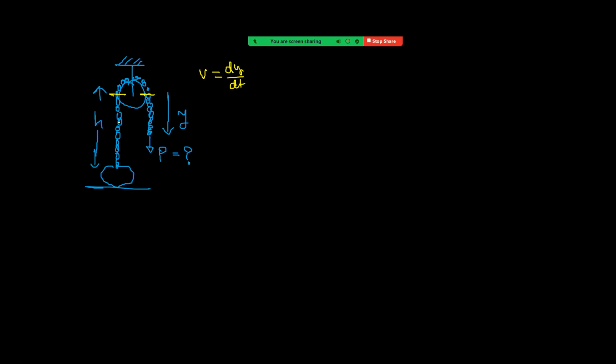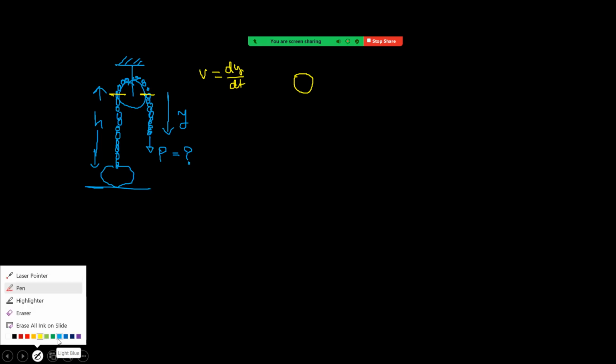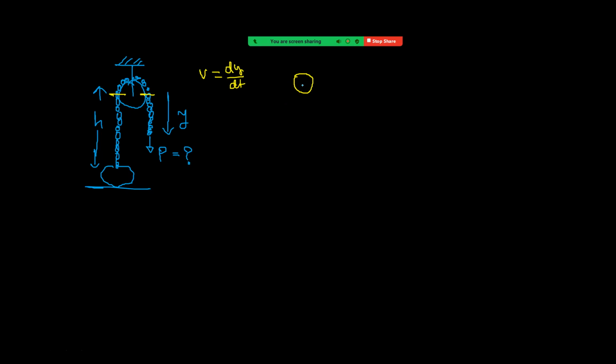That means the force by this part of the chain here and by this part of the chain here should be the same. Okay. So if I take that pulley and take the half part, up to here, the force by this part of the chain and by this part of the chain must be the same. Then with force zero along the tangent, it will have constant speed.